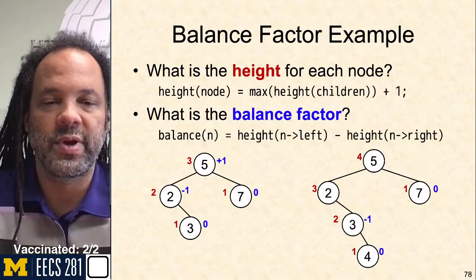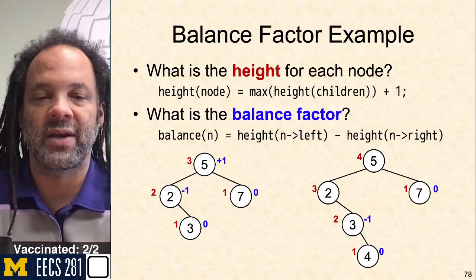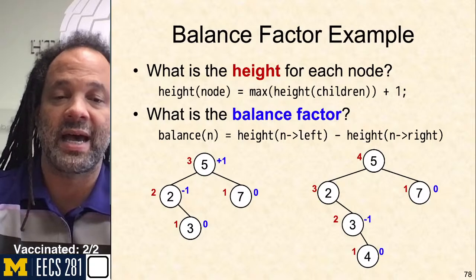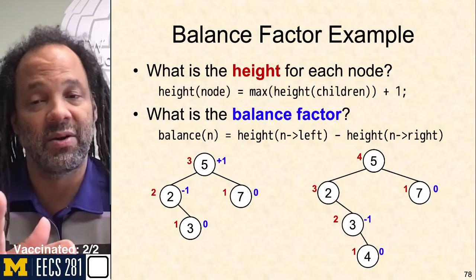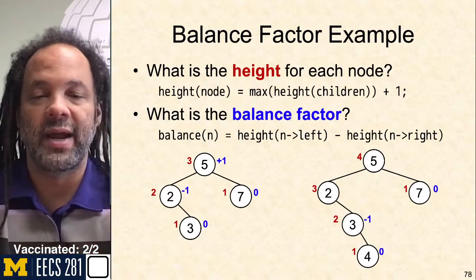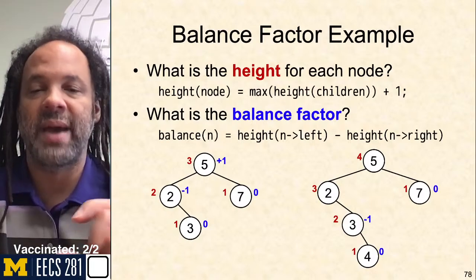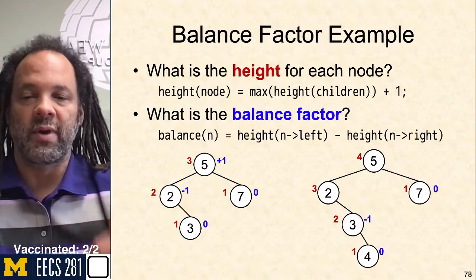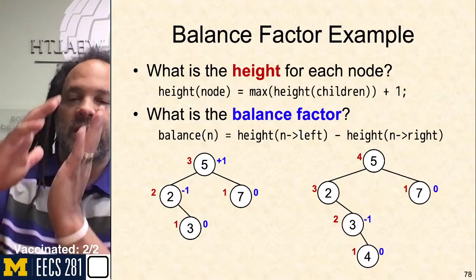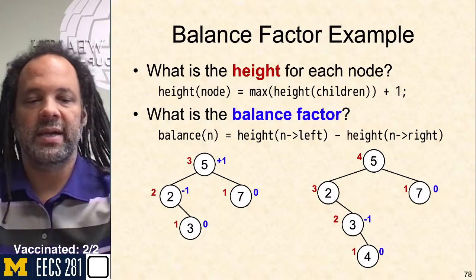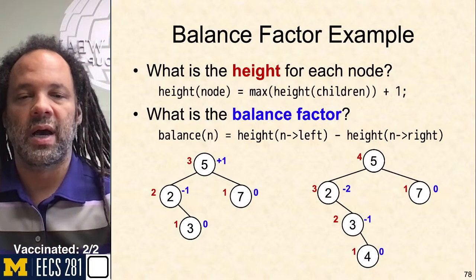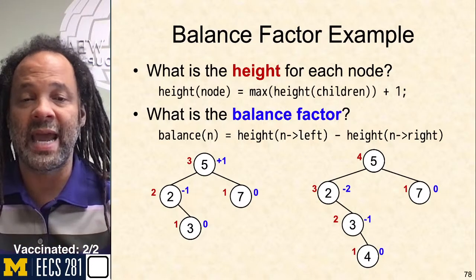I move up the tree here. I see that 3 has a -1 balance factor. That means there's a taller right-hand side than left-hand side. There's a 0 left-hand side in this case, but the right-hand side is taller. Negative balance factors mean that there's more in the right. Positive balance factors mean there's more in the left. All right? So as we move up the tree, we see that 2 now has a -2 balance factor.